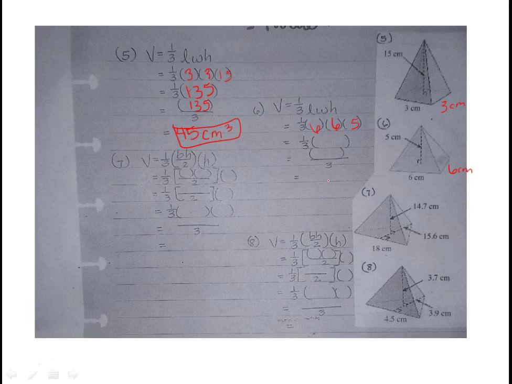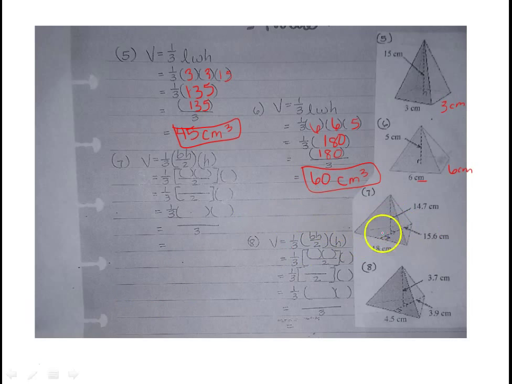And 6 times 6 times 5 is 180. So 1/3 times 180 is the same as dividing by 3. And 180 divided by 3 is 60. The unit is centimeters cubed. So you're pretty much just plugging it in.